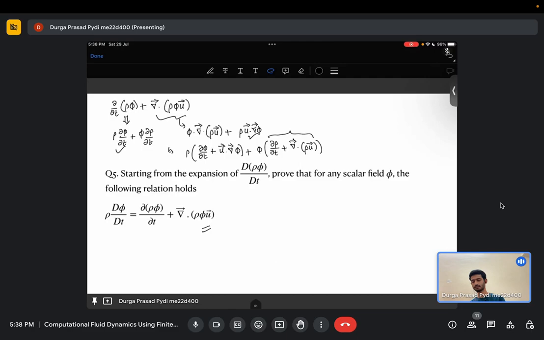This particular term is essentially your conservation of mass, so this goes to 0, and the first term is essentially your D phi/Dt, the material derivative, right?